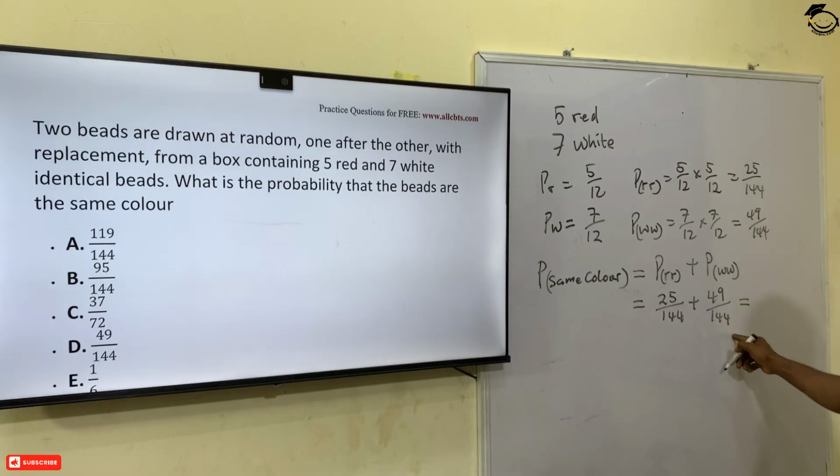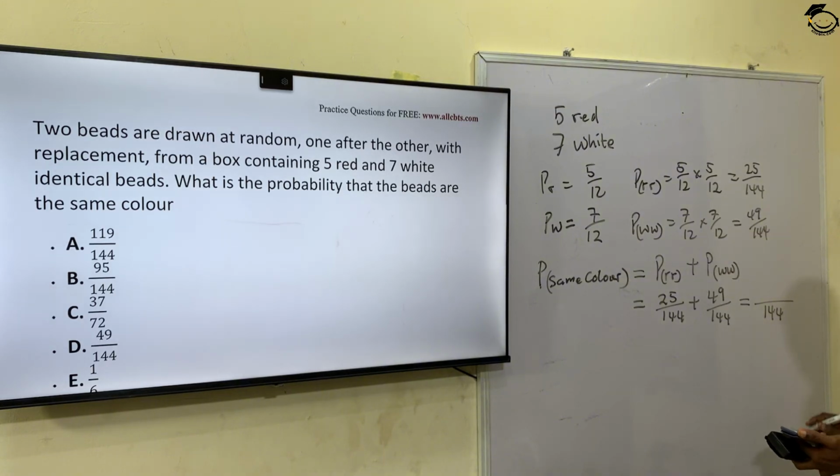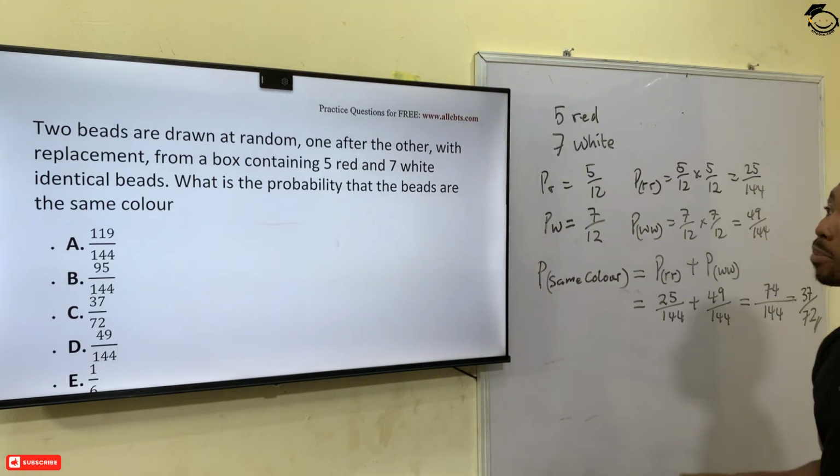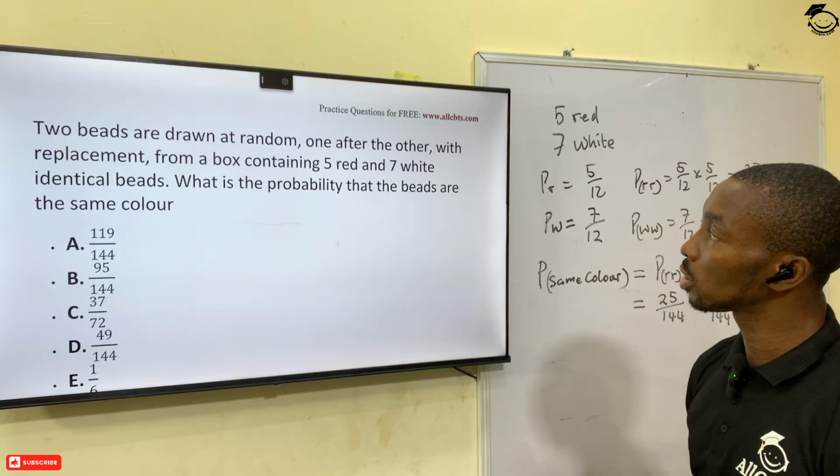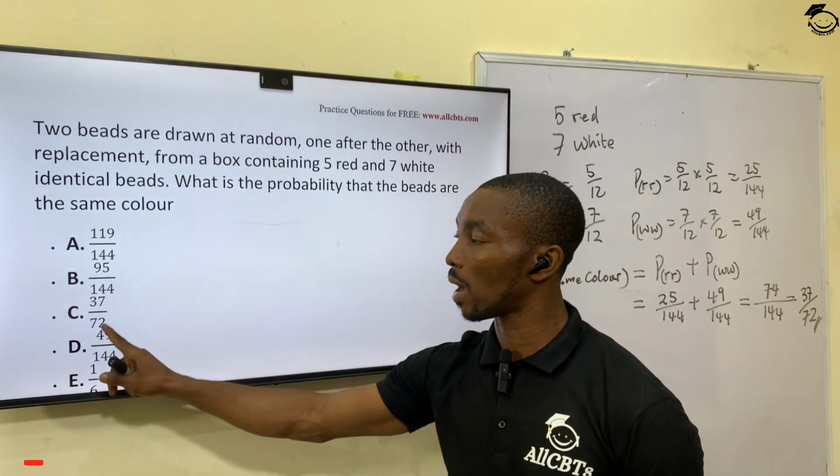So adding this up, we have a common denominator, which is 144, so 25 plus 49 equals 74. Okay, so we can break this down with 2. 2 into 74 will give us 37 all over 72. So the probability of picking same colors from our box would be 37 over 72.